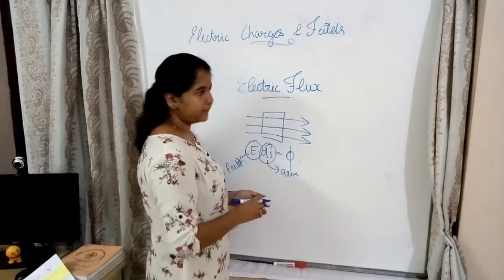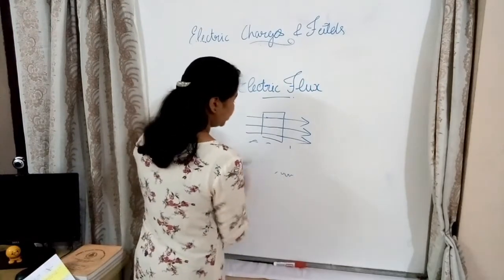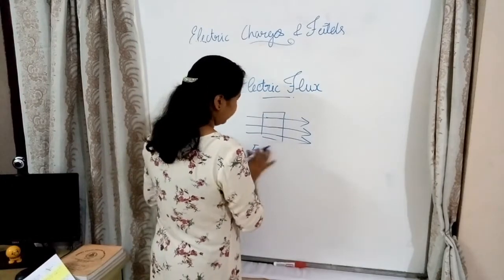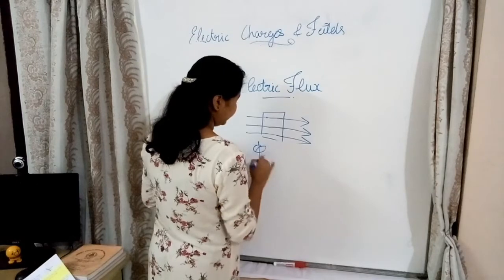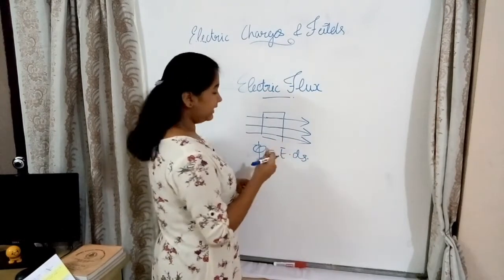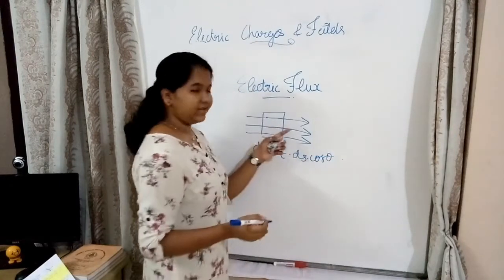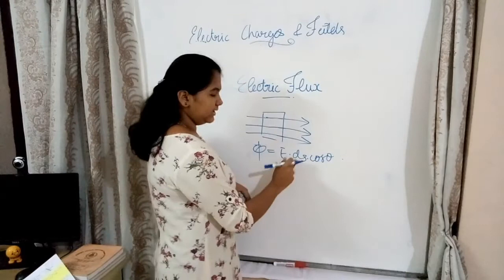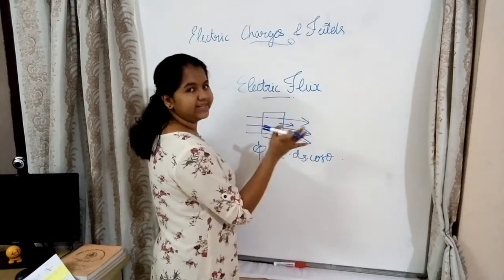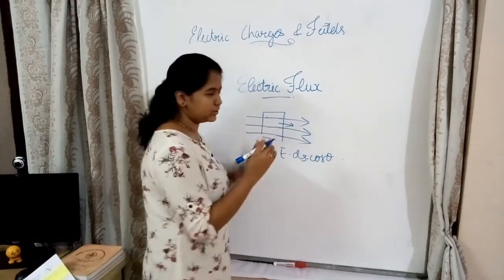So let's see about the angle. Over here, what is the angle? I told you phi is equal to E dot ds, so E ds cos theta. Over here, what can you see? The ds, the area vector, is in this direction, and the electric field is also in that direction.